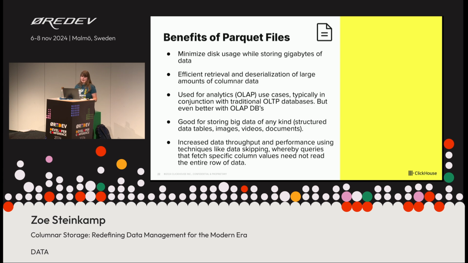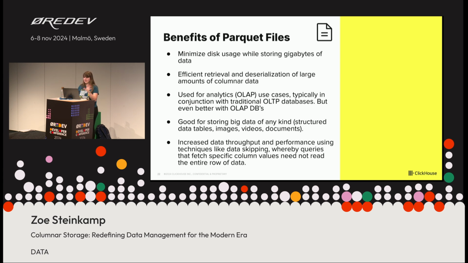They have very good retrieval and deserialization of large amounts. They're used for OLAP use cases, typically, yes, in conjunction with OLTP databases, but even better with OLAP DBs. Originally it was used with a lot of transactional databases, not a big deal. They just made them more efficient, but they're even better if you're using an analytical DB for the workload.